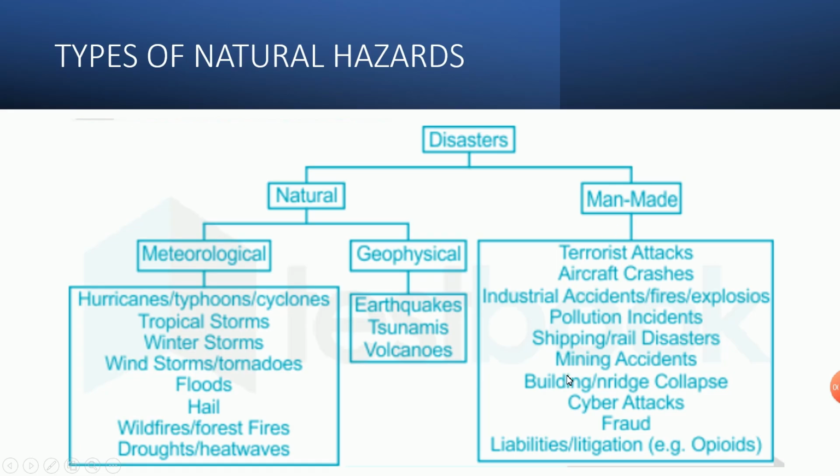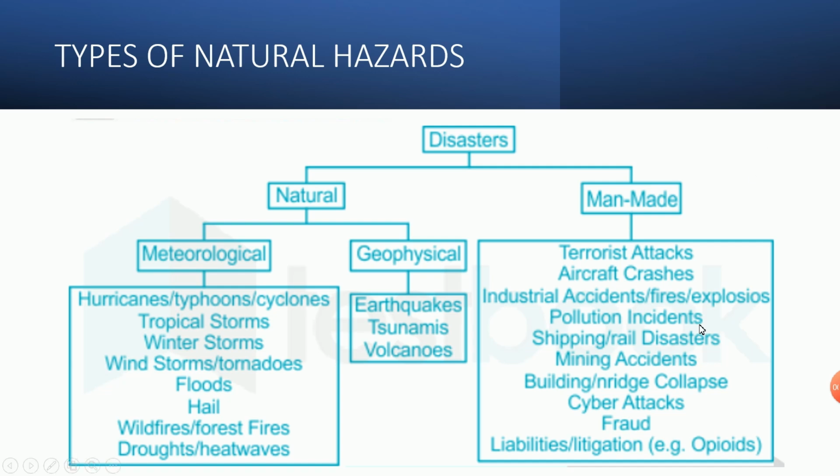But why are we not focusing on this? Why are we only focusing on the natural thing? Because man-made disasters could be averted by man himself. So a terrorist attack can be prevented beforehand by taking adequate measures, or if the terrorists change their minds, there won't be any terrorist attack.